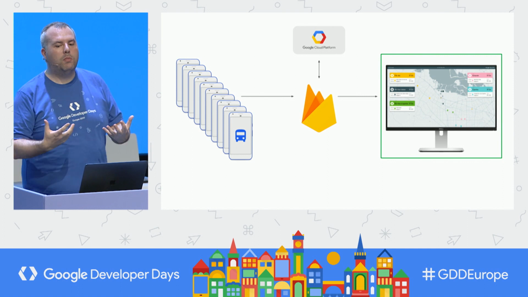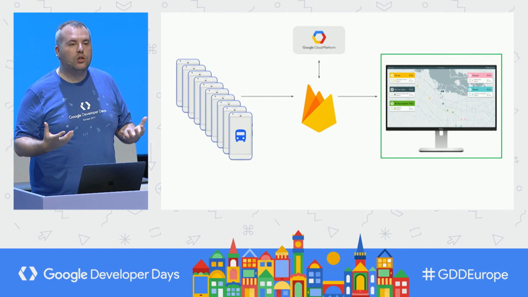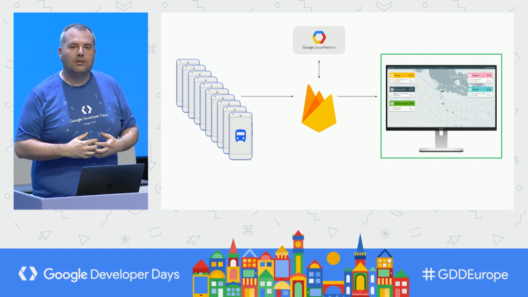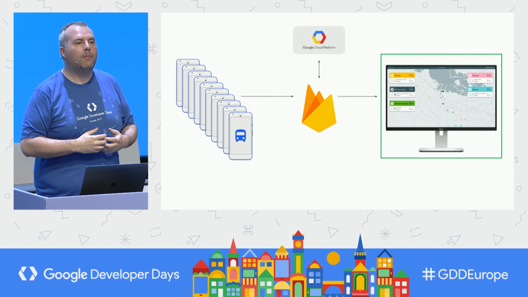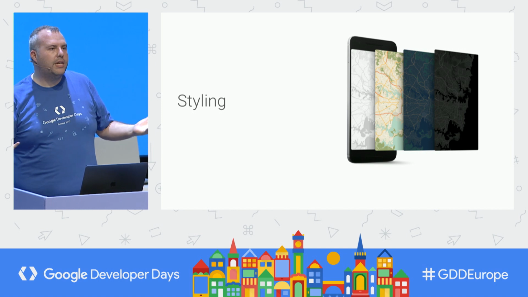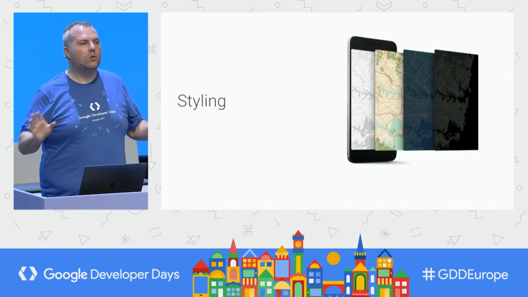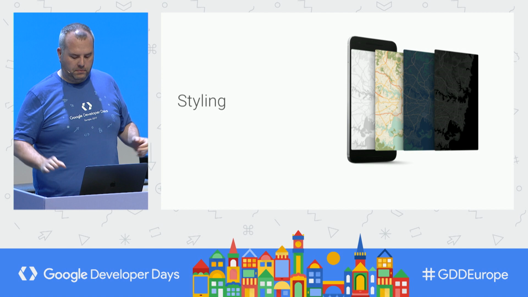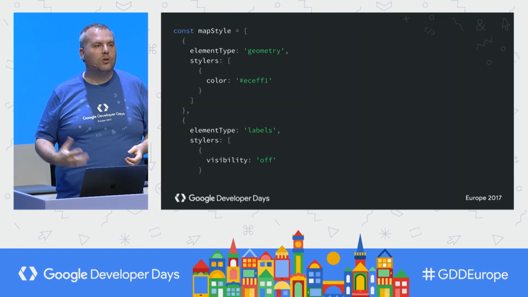So now we're on to the final part of the system. This is where we put the buses and the timetable on the map. So you might have seen the map that I showed you doesn't look like a standard Google map. Well, what's the code look like? Looks like this.